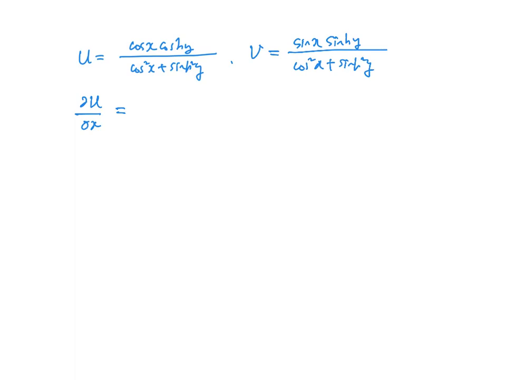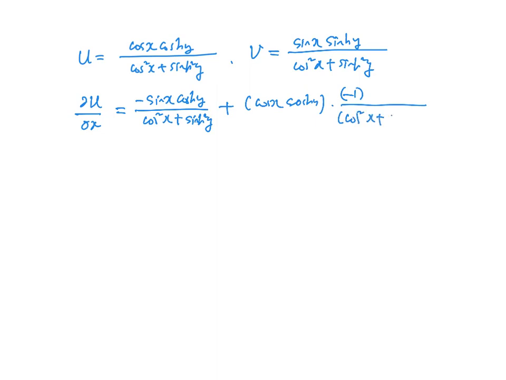So you first differentiate the numerator. It's minus sine x cosine hyperbolic y over cosine square x plus sine hyperbolic square y. And then you differentiate the denominator. So we have cosine x cosine hyperbolic y, and this is minus 1 over the square if we differentiate, right?